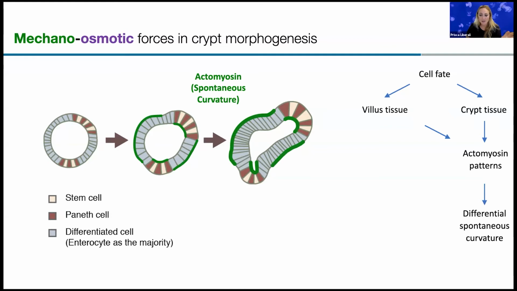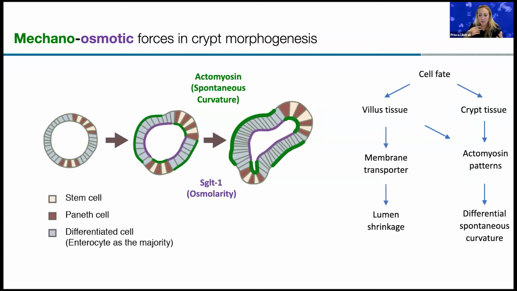On the other side, as soon as the villus starts to be formed and the enterocytes start differentiating, we have the expression of membrane transporters, one of which is SGLT1. There might be also others. We didn't look at and characterize all of them, but there might be other transporters that then drive the lumen shrinkage that accelerates the crypt branching, and not only accelerates, but also coordinates it.